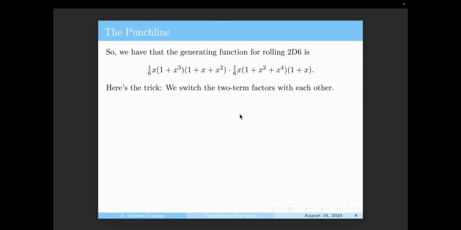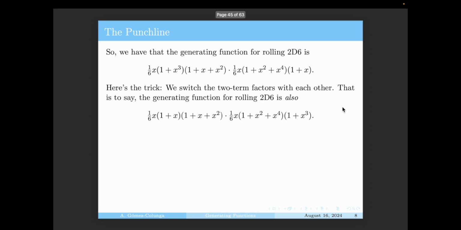Here's the trick. We switch the two-term factors with each other. That is to say, the generating function for rolling 2d6 is also this right here. The 1 plus x cubed becomes a 1 plus x, and to balance that out, the 1 plus x becomes a 1 plus x cubed. This will obviously multiply to the same thing that this entire expression does.